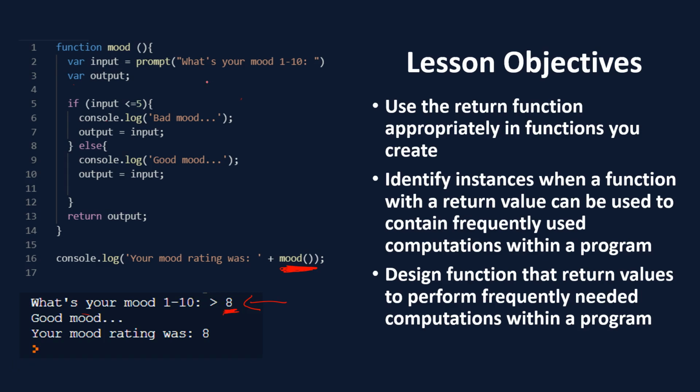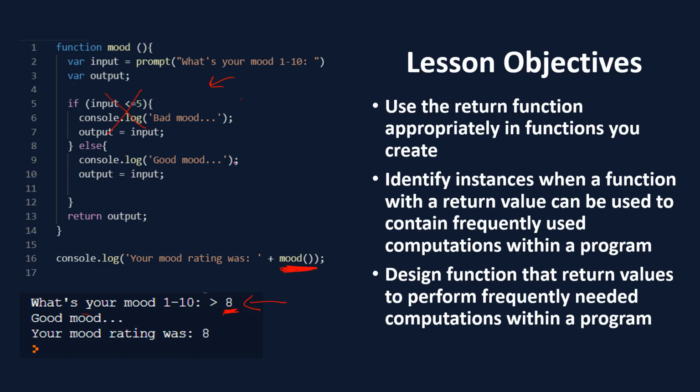So then I go back to my function up here. So if input is less than or equal to 5, then we're in a bad mood. And then the value of output would become whatever the input of the user is. And that's not the case. So then we go to else, and that would be if the user inputted a value that was greater than 5.